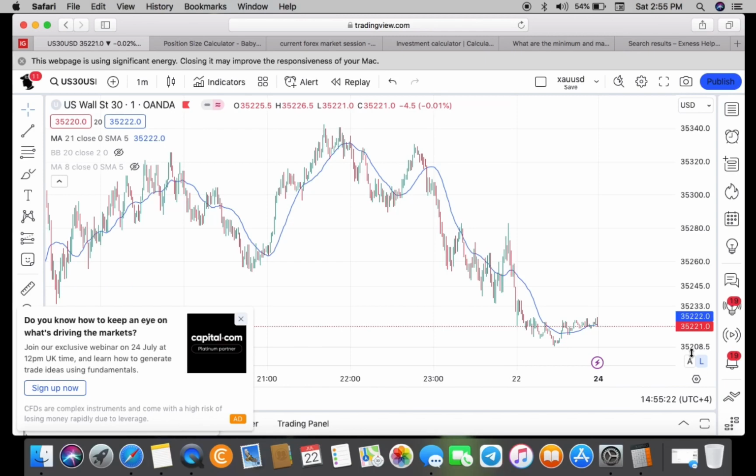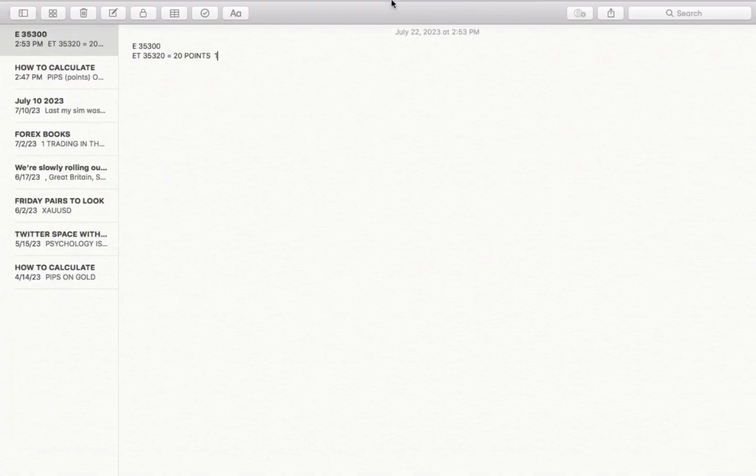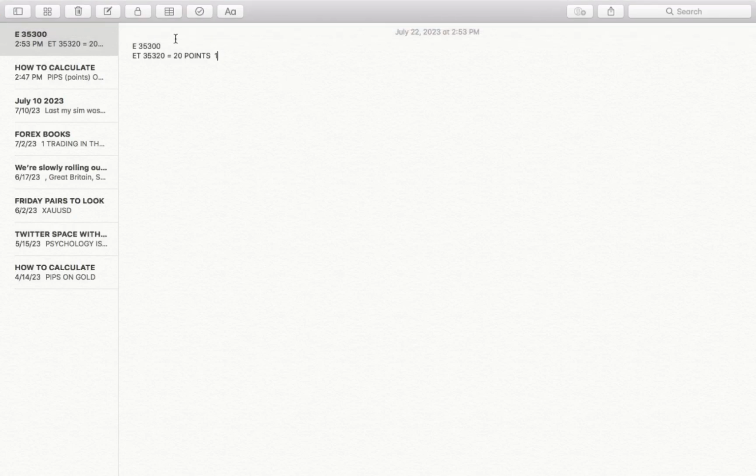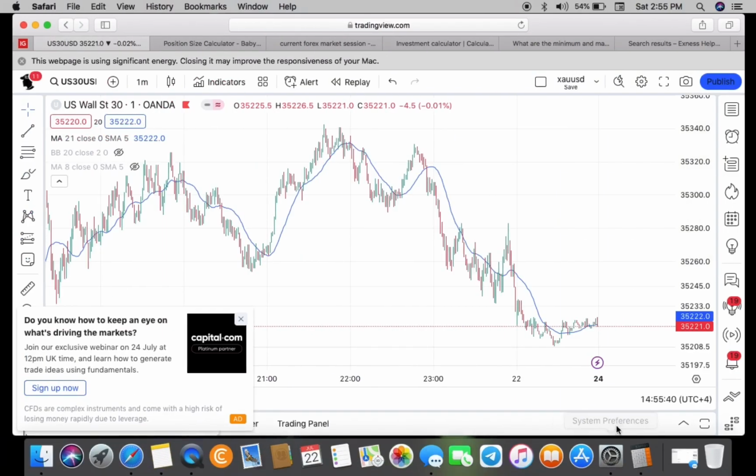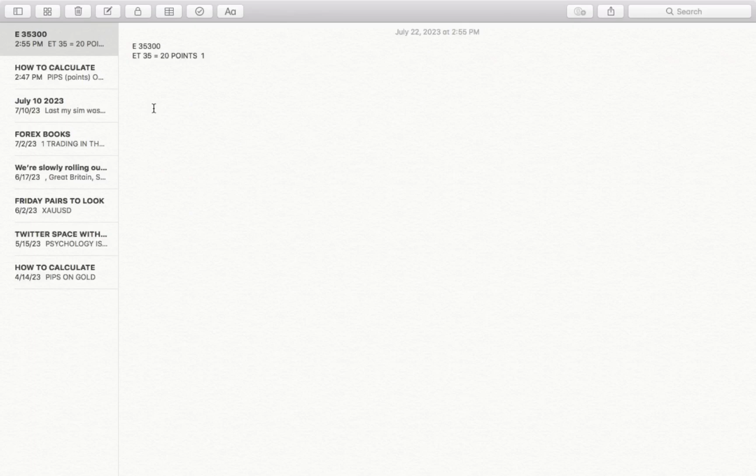So let's say 35,300 is our entry price, right? I want to show you guys quickly. Entry price 35,300, and we exit at this side here, 35,208, right? And we are using one lot size, right?